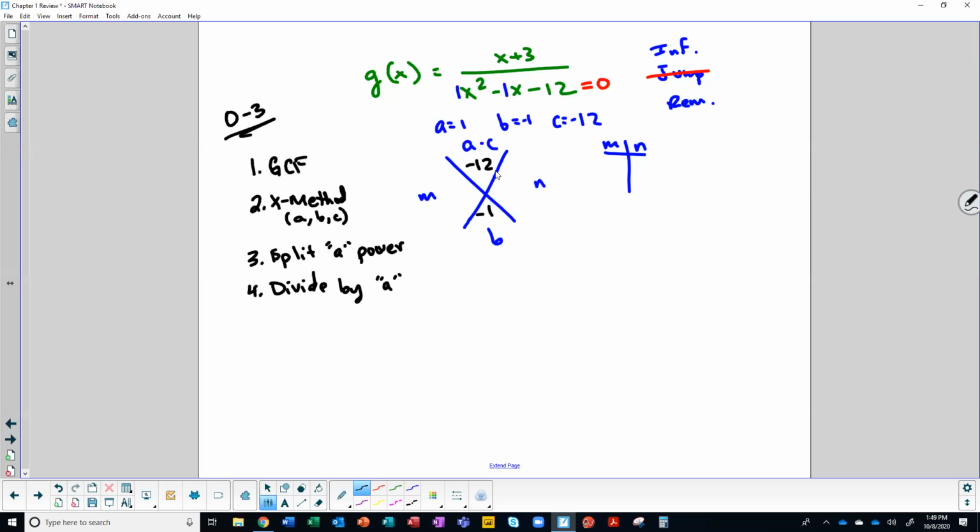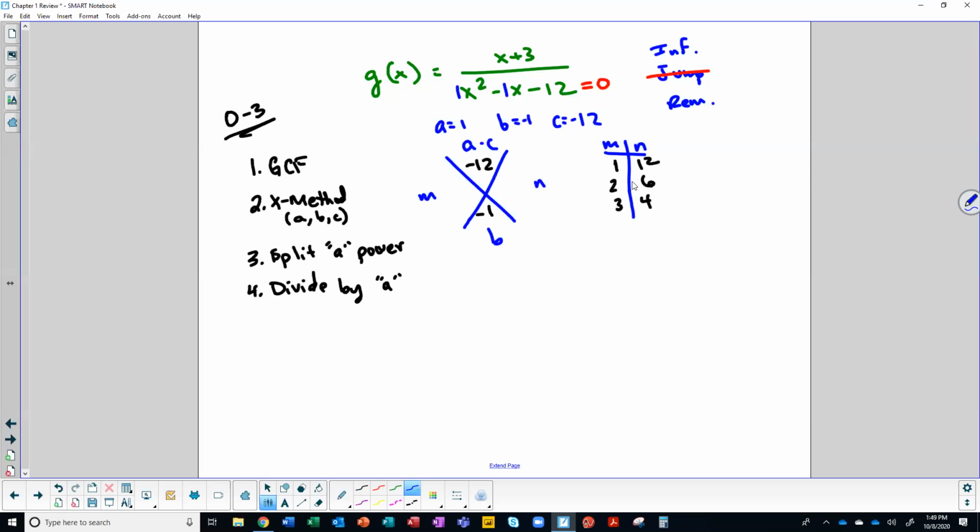But in case you don't, a technique I use is I just use the product, the 12, and just take the positive. I don't pay attention to the negative yet. And I write down all possible factors. I start at 1, so you have 1 and 12. 2, the next number after 1, goes in 6 times. 3 goes in 4 times, and that's actually the whole list. There's nothing else. Got them all.